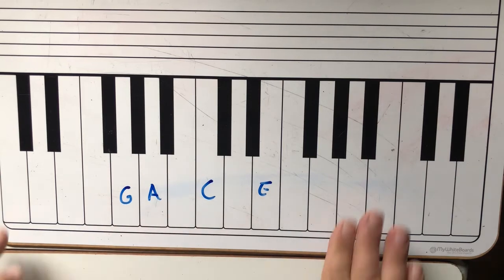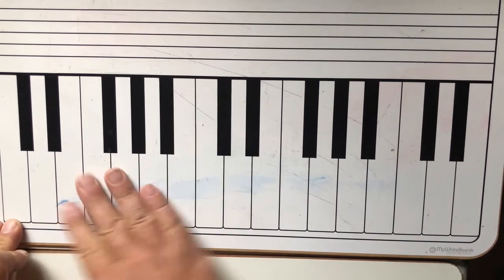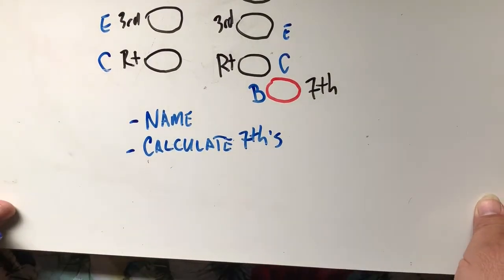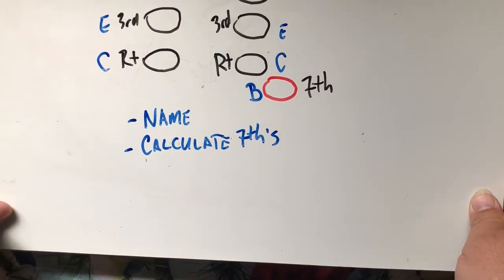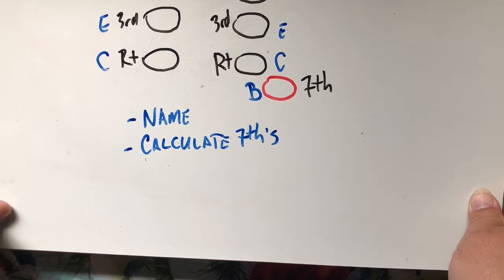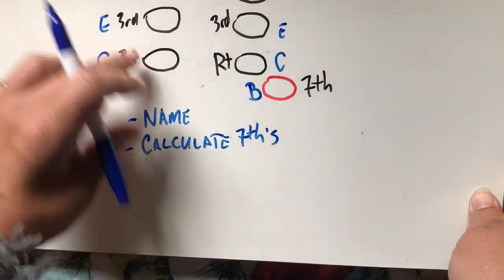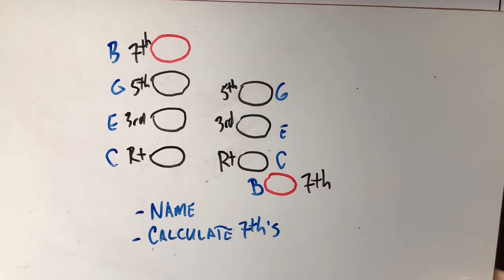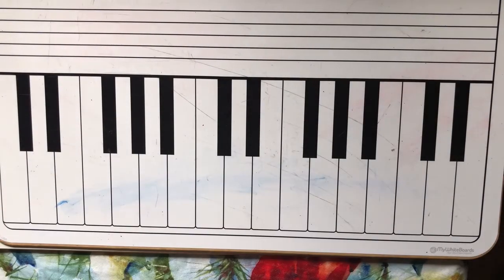All right? Good. Now, what we want to do when we talk about calculating sevenths is understand that there are different kinds of sevenths, just like there are different kinds of triads, meaning the distance between the root and the seventh can be different depending on whether you use sharps or flats or where that sits on the keyboard. Let's investigate that.